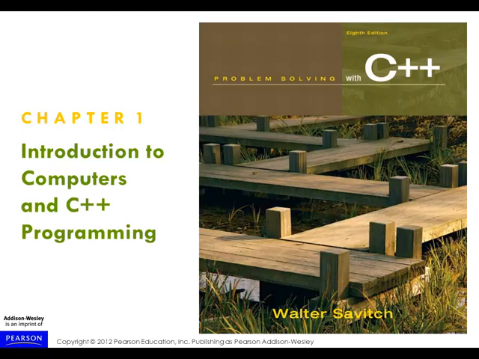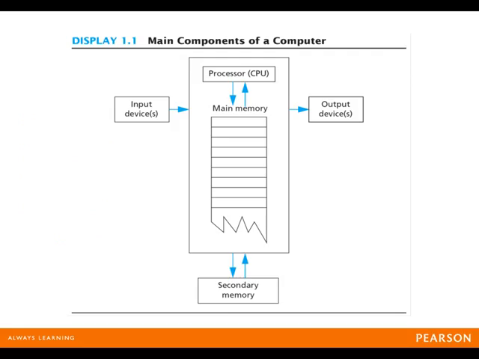Okay, so we are starting with chapter 1. That is going to be the introduction to computers and C++ programming. The very first thing is that the processor, the CPU, is talking to the main memory only. The CPU doesn't care what else we have on the computer.